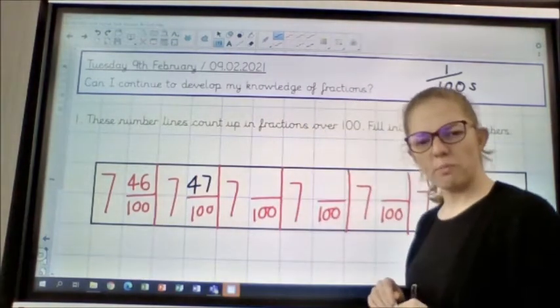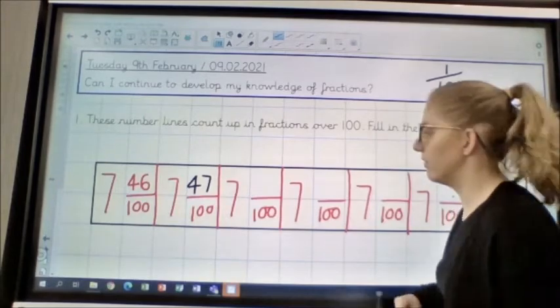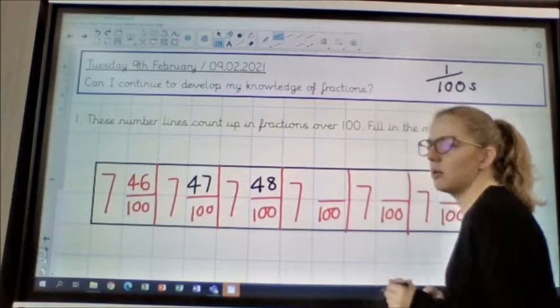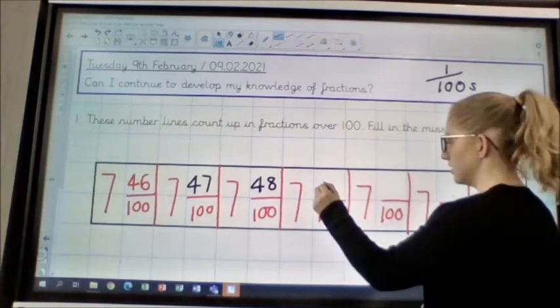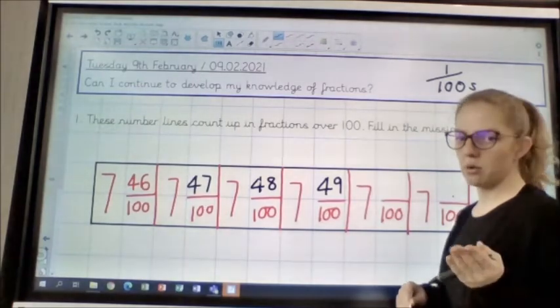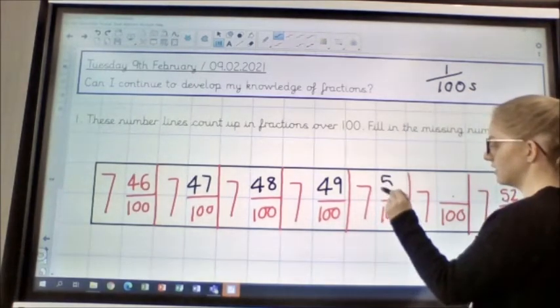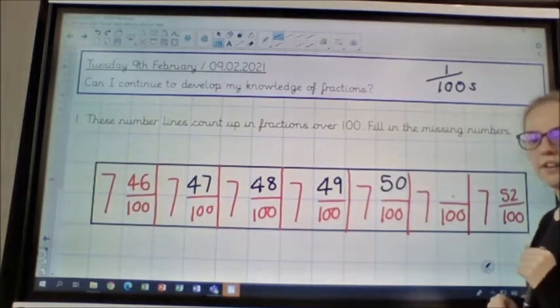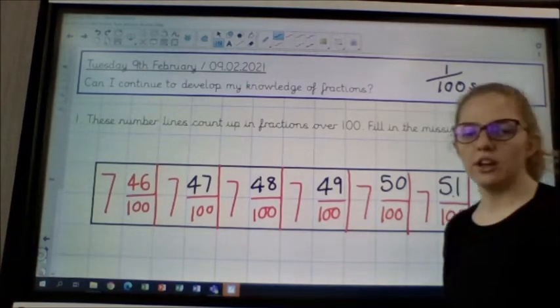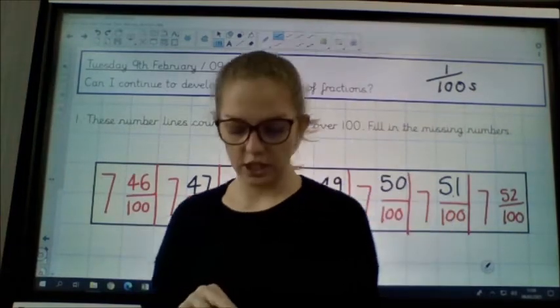My next one should be 47 if it's going up in ones. It should then go to 48, 49 because that's one more than 48. It should then be 50, 51, and then last but not least 52.